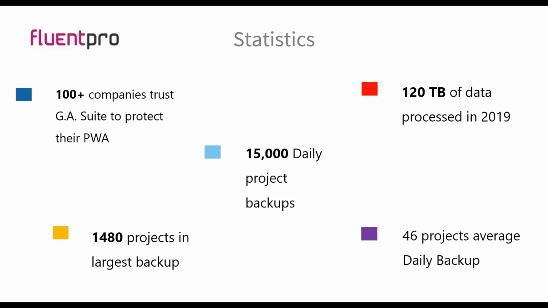In our customers' backups, almost 50 projects is the average. So you can see that it's used to protect many projects in the PWA. And we also have large customers as well. In the largest backup, there are almost 1,500 projects. Not to mention the on-premises version, which can include even more.